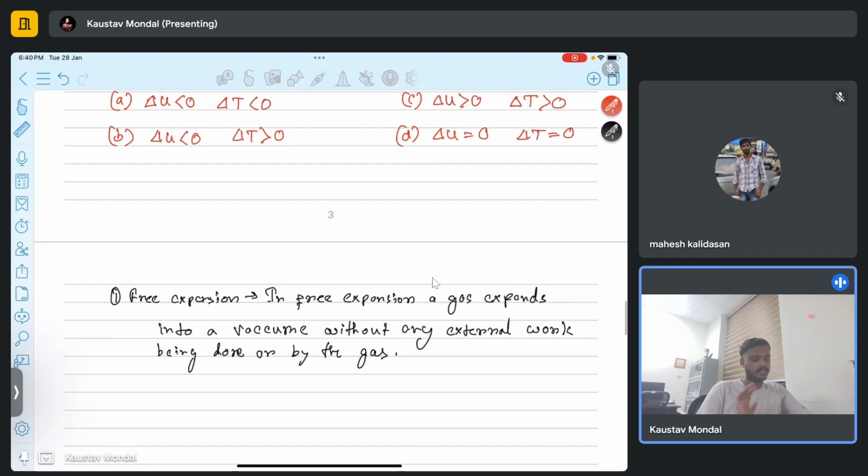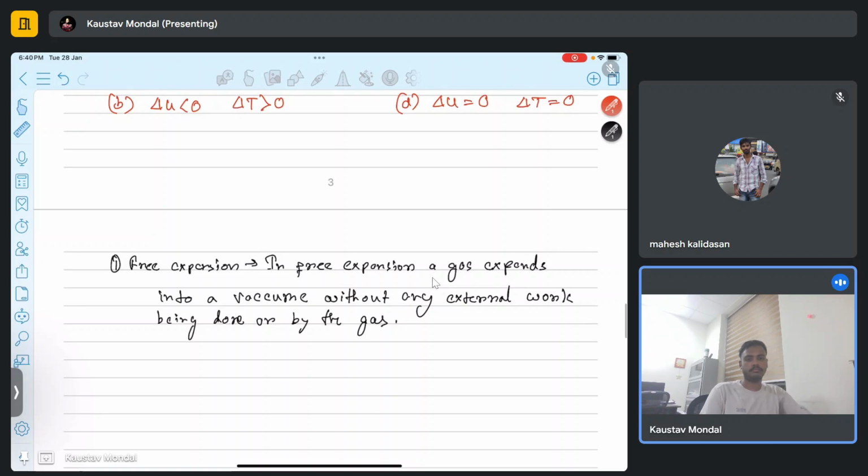This is basically a hypothetical concept. During the free expansion the ideal gas expands in a vacuum. Vacuum means there is no external agent, so basically nothing in that system to resist that free expansion or to enhance it.